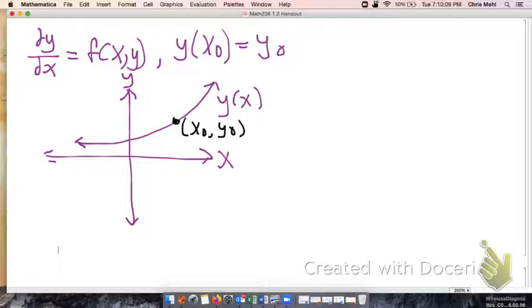What if you have some rectangle like this?